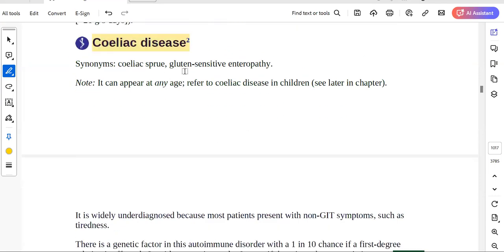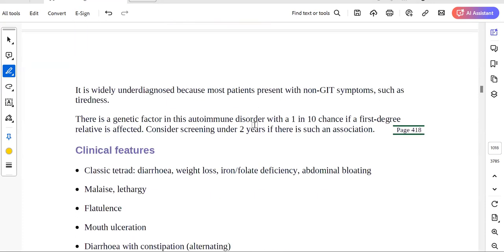So coming to celiac disease, which is gluten-sensitive enteropathy, very common in Australia. What happens in this case is that when a patient with celiac disease takes gluten, the gluten can cause flattening of the villi.